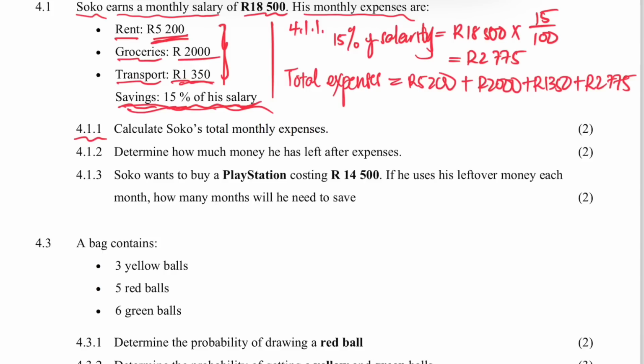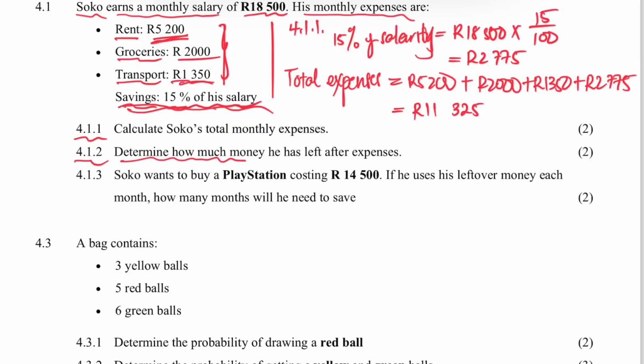When I add that, it's 1,350 plus 2,000 plus 5,200 plus 2,775, it's going to amount to 11,325 rand. That's what he spends of his salary every month. Now we're done with 4.1.1. I hope it makes sense.